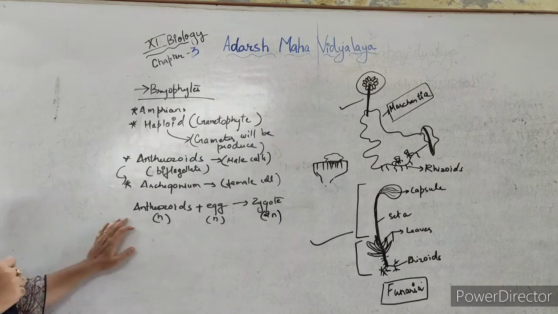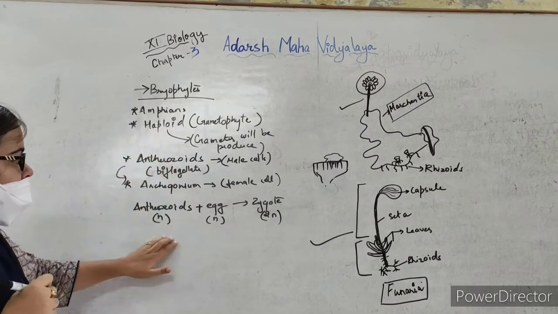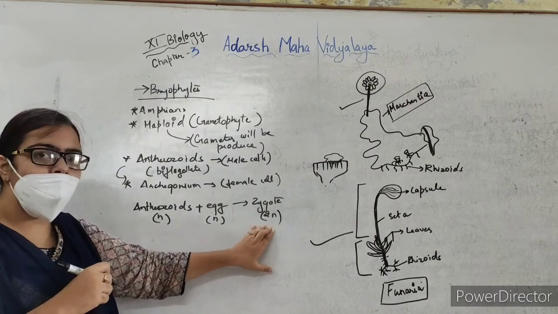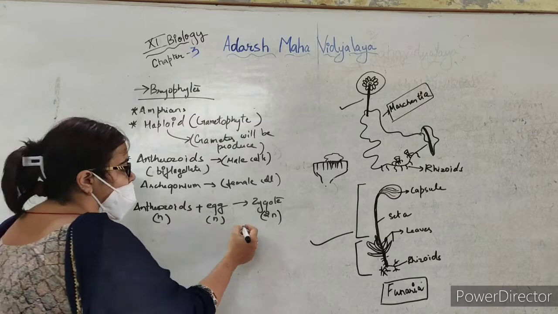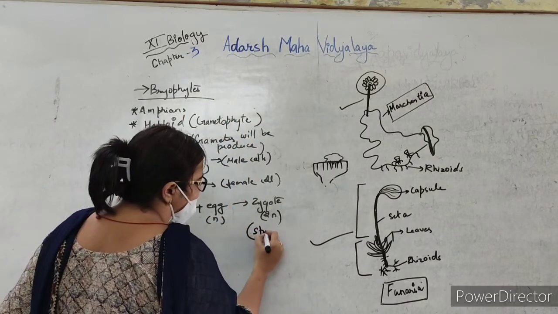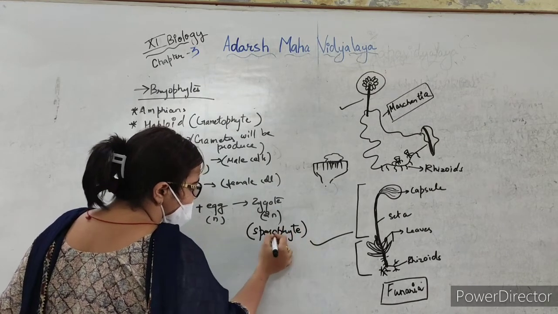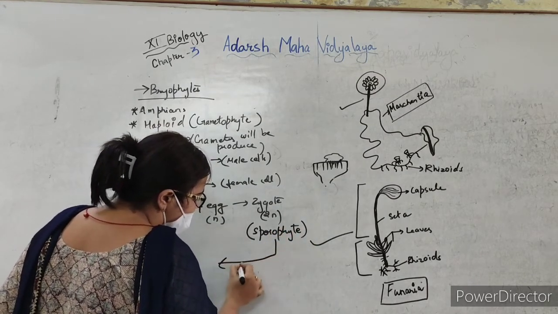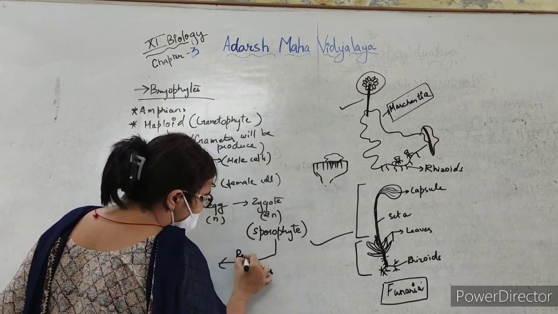Now what we saw here is that the main plant body is haploid, but when the zygote is formed, it is diploid. This diploid stage in the life cycle of bryophytes is called the sporophyte. Now meiosis will occur here, that is the reduction division.